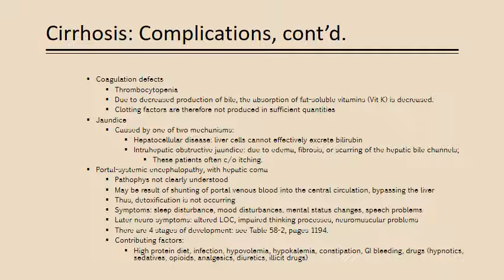Another complication is called portal systemic encephalopathy with hepatic coma. And these, of course, are very, very sick people. The pathophysiology of it is not clearly understood, but the information I read says it may be a result of shunting of that portal venous blood into the central circulation and therefore bypassing the liver.